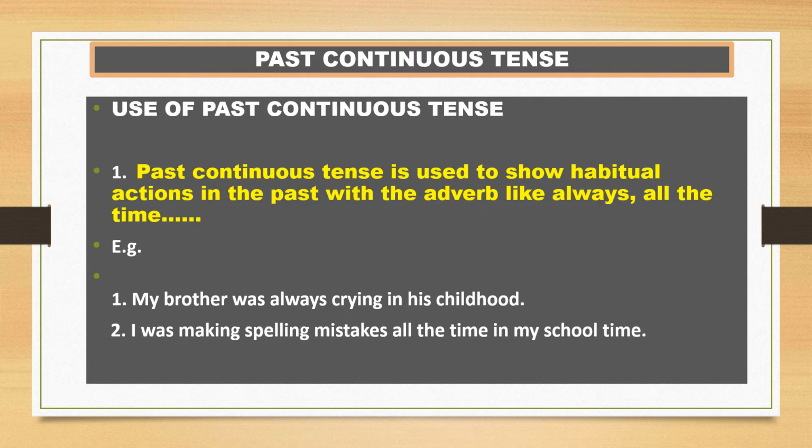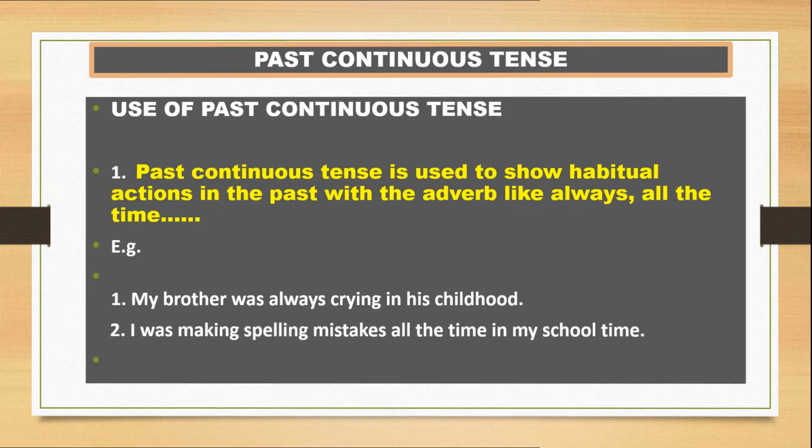Second, I was making spelling mistakes all the time in my school time. So these two sentences show habitual actions that were continuing in the past. Both sentences are in past continuous tense showing habitual actions.